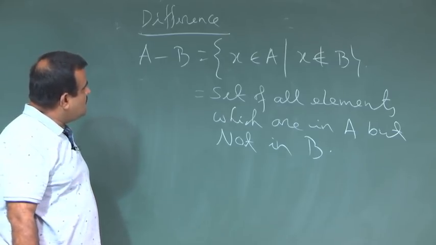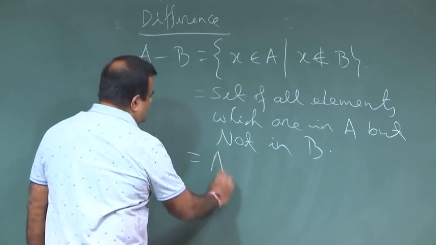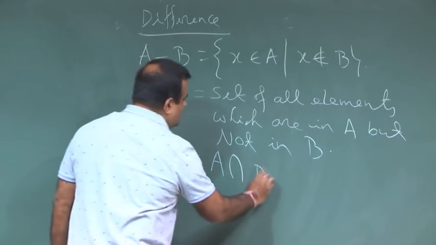So, we can say this is basically A intersection with the B complement.